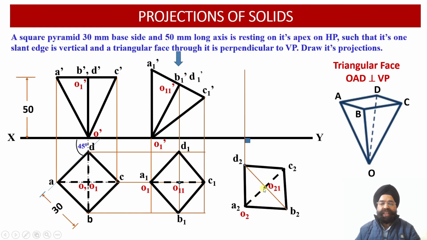Once we mark these two arcs, this dimension and this dimension are drawn. Then we double this dimension and again double this dimension, so points C2 and B2 are automatically located. This way you can rotate or transform the plan projection view obtained earlier so that this triangular surface O1, A1, D1, containing this vertical edge O1A1, becomes perpendicular to the vertical plane.